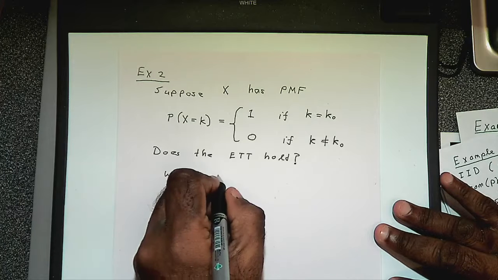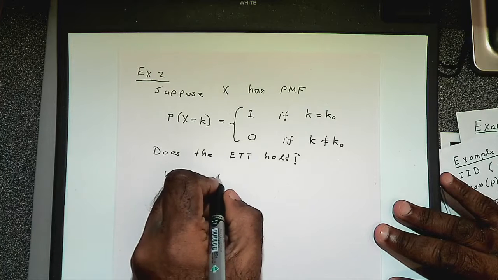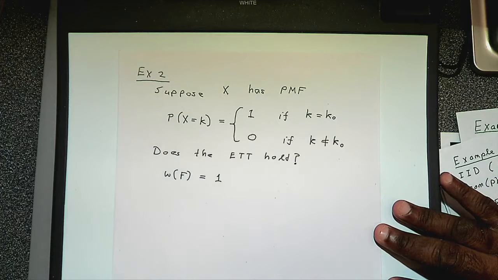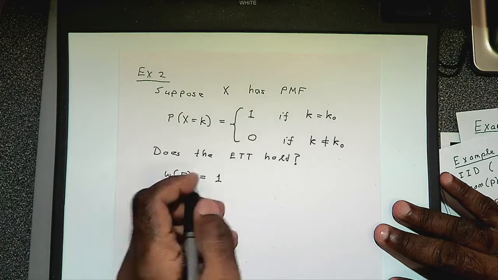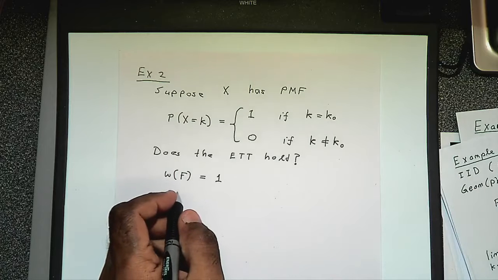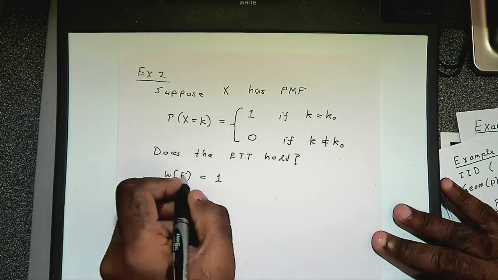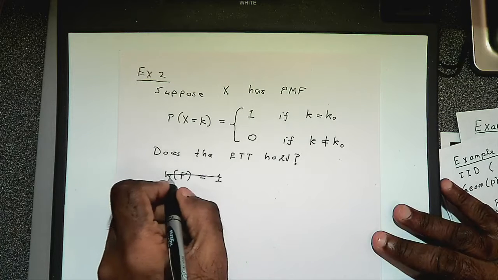It's 1, right? Because the values that the random variable can take, sorry, it's not. Yeah, you're right, sorry. I'm being stupid again.